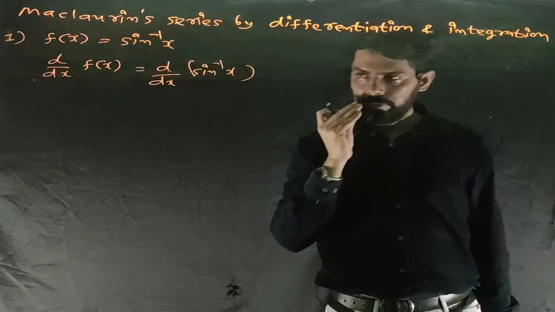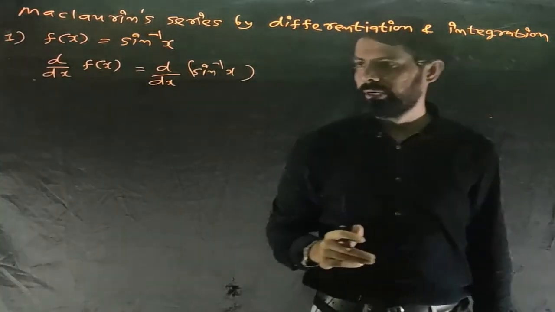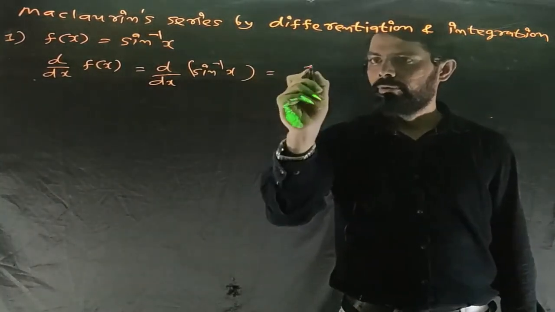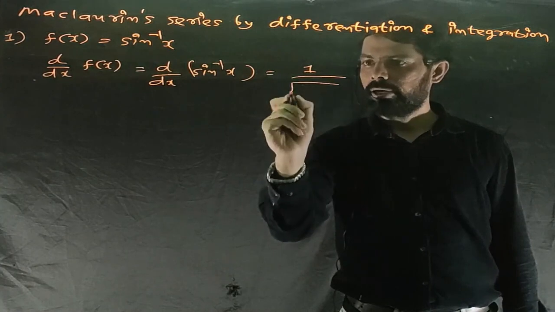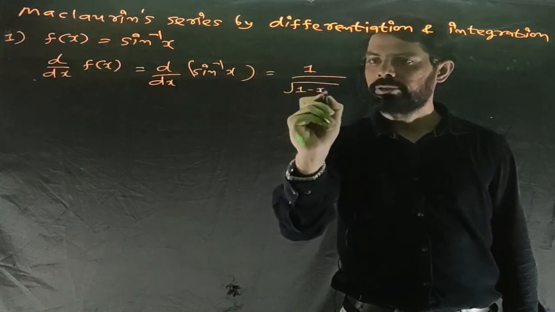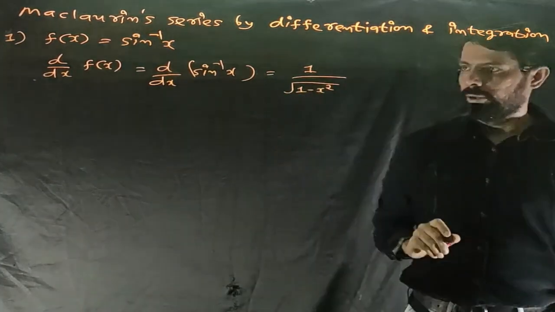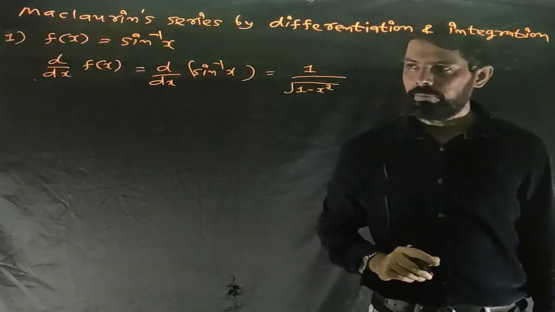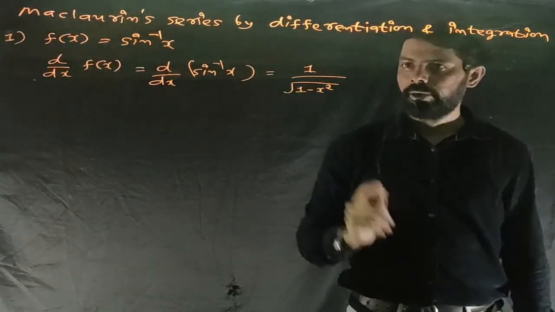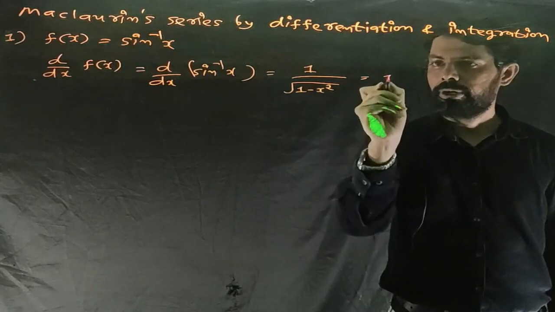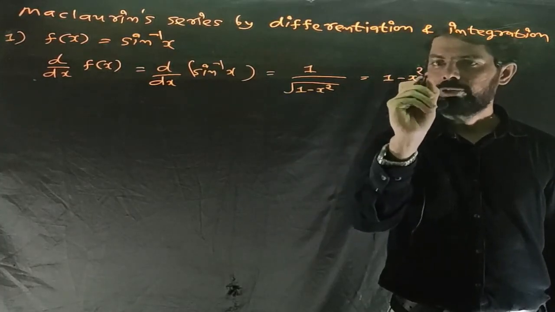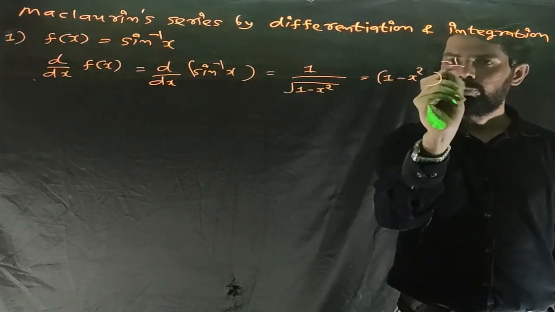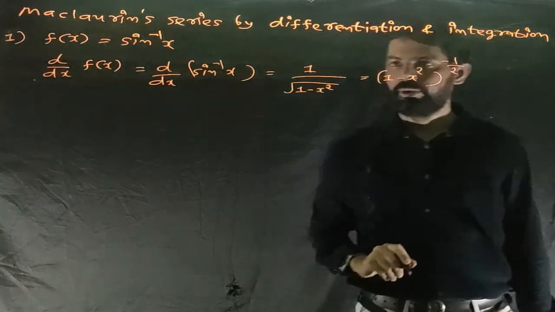The derivative of sin inverse x is 1 divided by under root 1 minus x square. This is the formula for the derivative of sin inverse x. Now this can be written as 1 minus x square whole raised to minus 1 by 2.